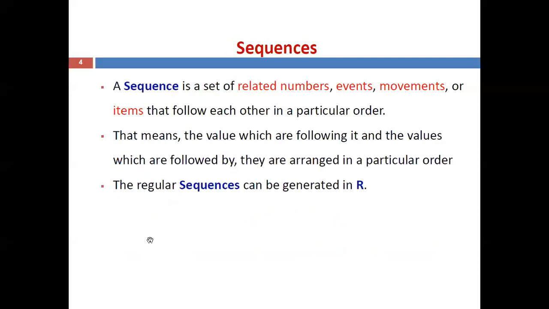Then what is a sequence? A sequence is a set of related numbers, events, movements, or items that follow each other in a particular order. That means the values which follow and the values which are followed by them are arranged in a particular order.